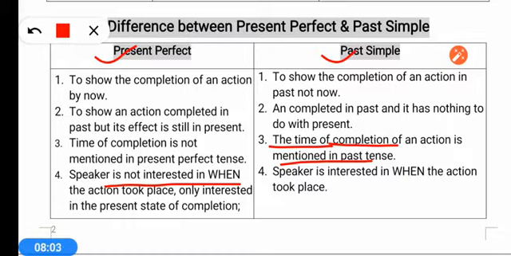So the long and short of this comparison is that in present perfect we don't use time. Even if something was completed 1 second before, even then we don't use 1 second before. But for past we need to mention the time that when it completed. That is the pure difference of present perfect and past simple.